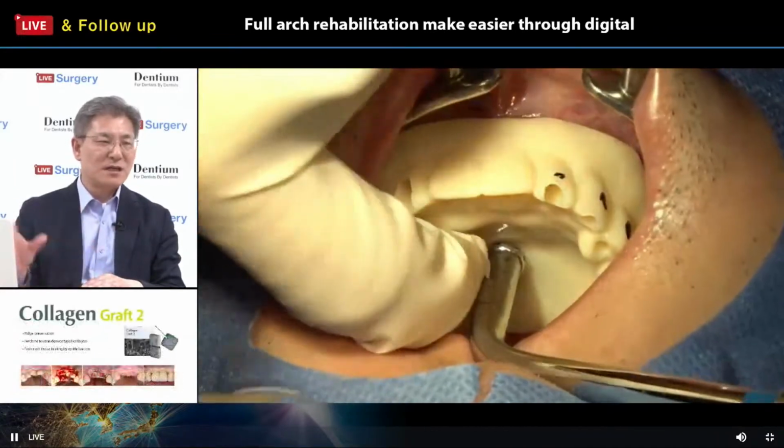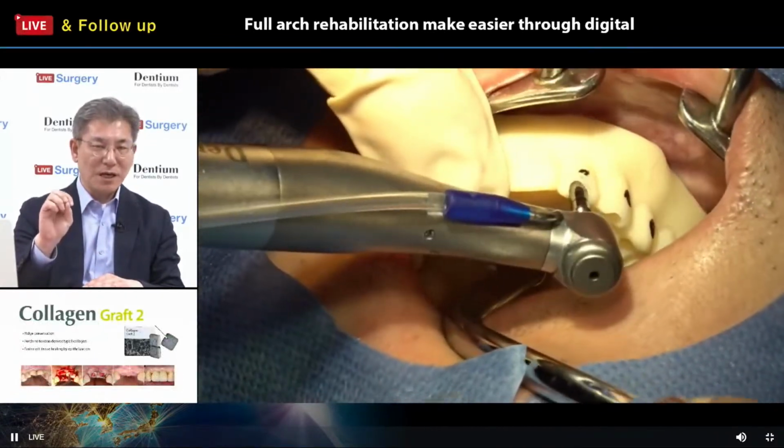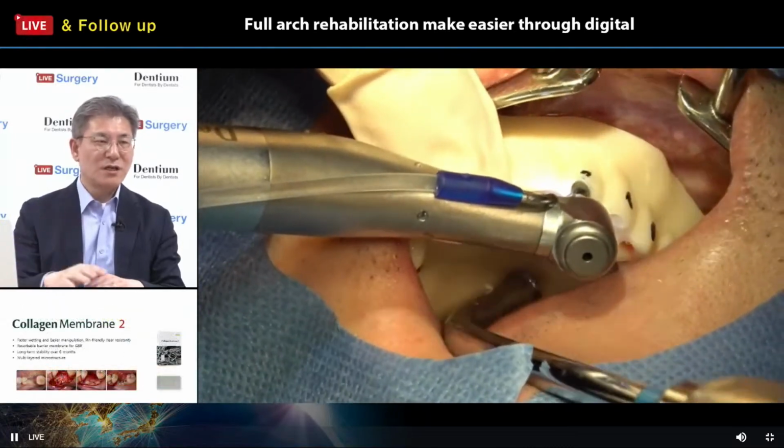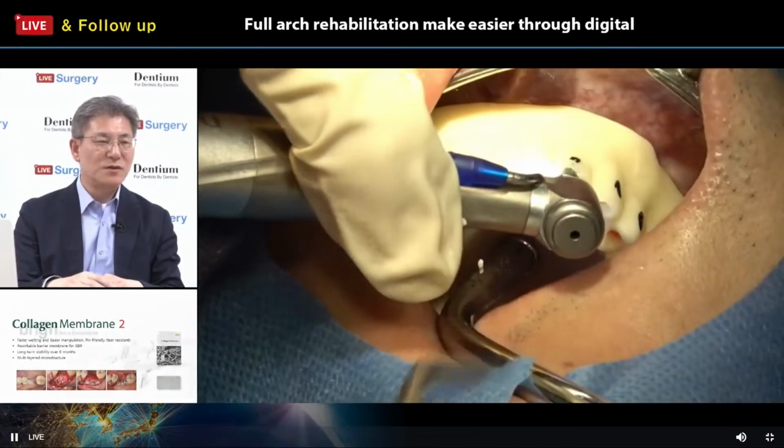And from this data, we can make the proper positioning for the proper prosthesis in the future.